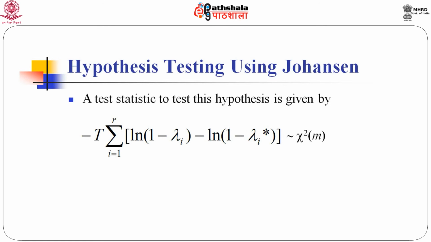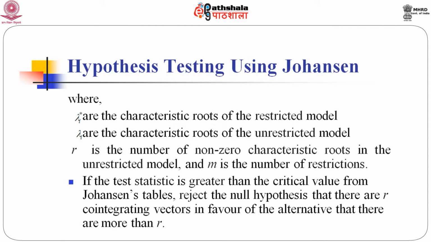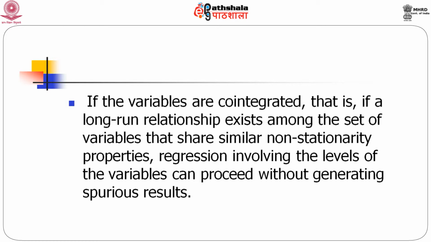Lambda i star are the characteristic roots of the restricted model and lambda i are the characteristic roots of the unrestricted model. So, here you find two components, one is lambda i and the other is lambda i star. Here r is the number of non-zero characteristic roots in the restricted model and m is the number of restrictions. So, this is how we go for testing in the Johansen case.